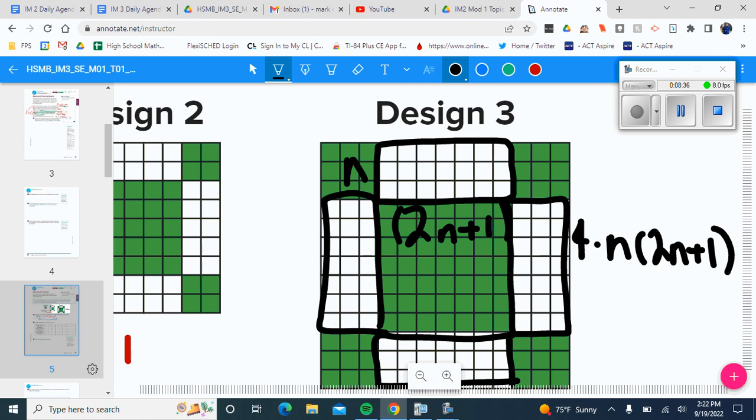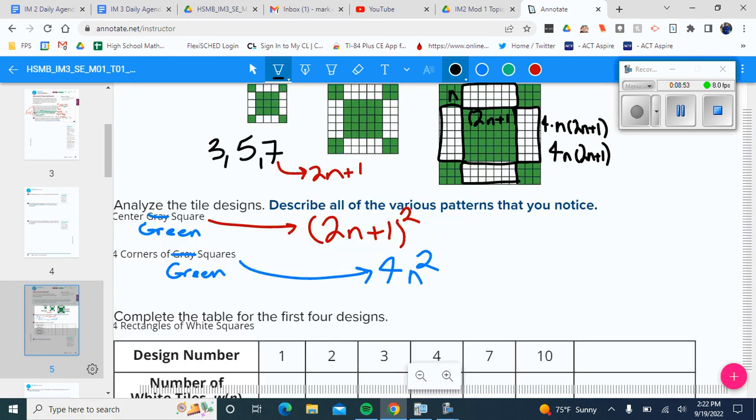So we're multiplying this by 4. So 4 times n times 2n plus 1, you could also think of it as 4n times 2n plus 1. So this, again, was 4n times 2n plus 1.